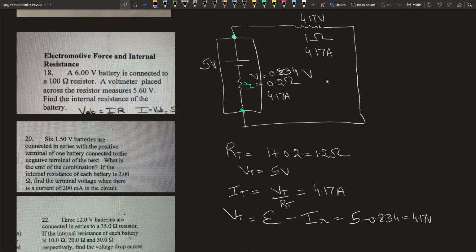So that's how you get this formula. The terminal voltage is your total battery voltage minus IR, where R is the internal resistance. Essentially, whatever the voltage drops inside the battery, you subtract that from the rated voltage, and that's the terminal voltage that gets applied to the rest of the circuit.